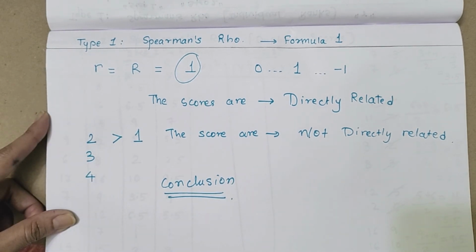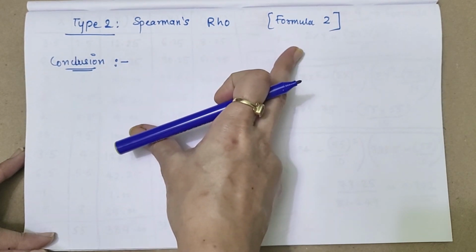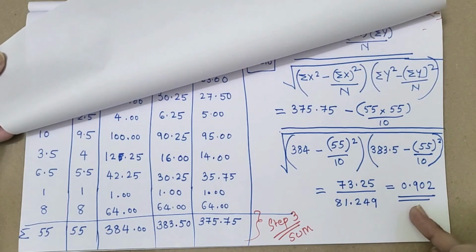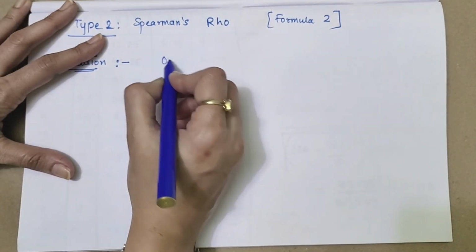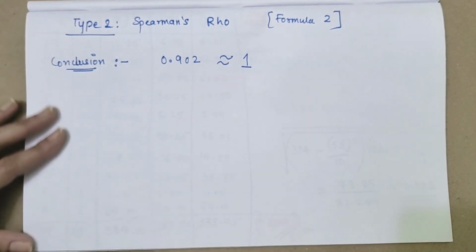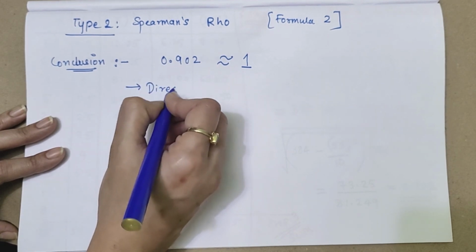Similarly, type 2 we will write it. So type 2, Spearman's rho, the formula 2 that we use, conclusion is we got the value as 0.902. That means 0.902 is very close to 1, right? So when it is close to 1, that means it is directly related.